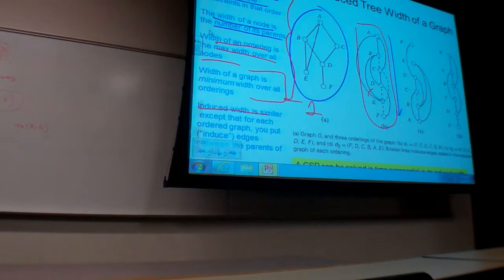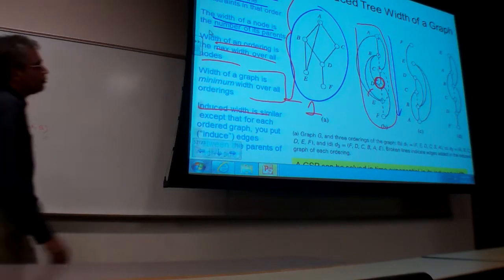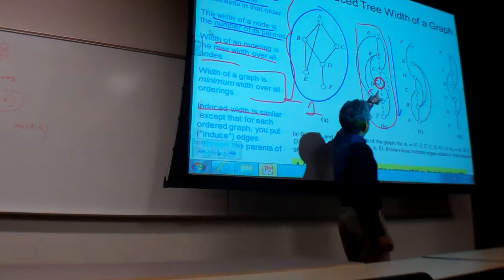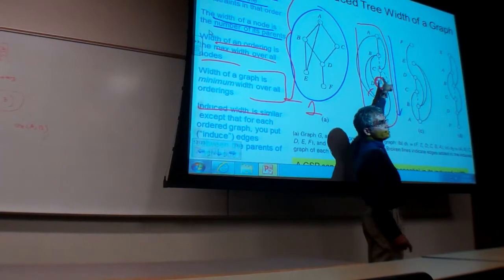D winds up having an edge from both B and C.